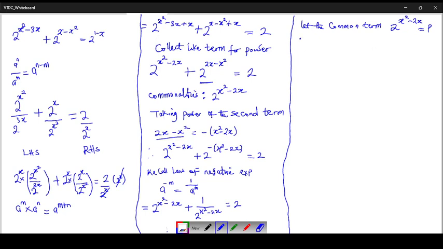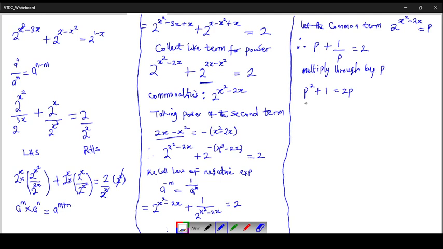That would mean, therefore, p plus 1 over p is equal to 2. So multiply through by p, and I would have here p squared plus 1 equal to 2p.